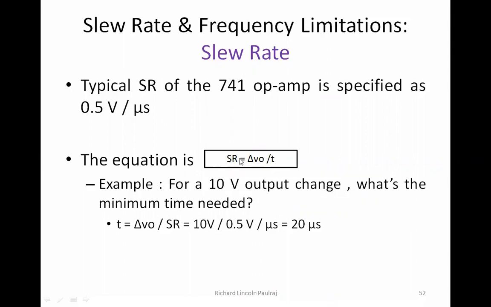I can bring T here, and bring my SR to the bottom, because I know the value of SR, which is about 0.5. So 10 volts divided by 0.5 per microsecond. Can someone please confirm, are we getting about 20 microseconds? Yes, sir, 20.